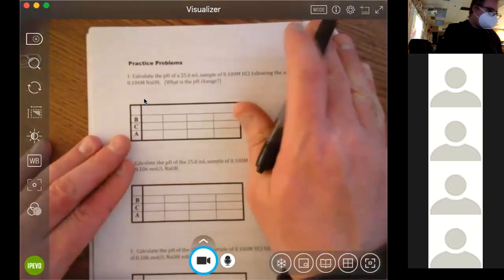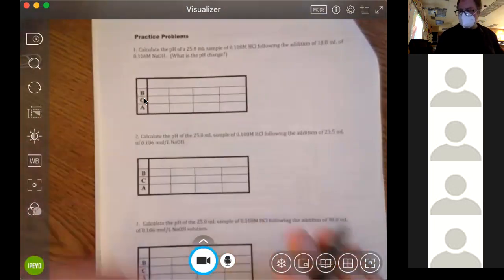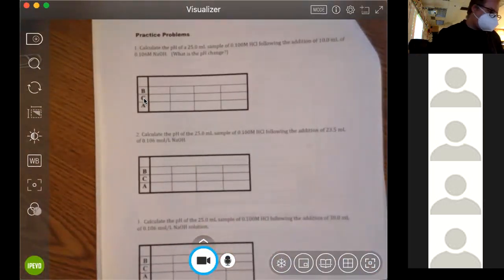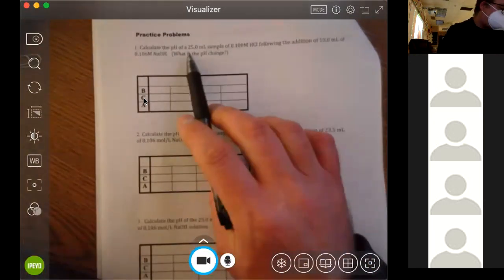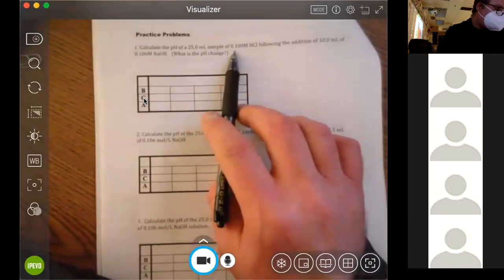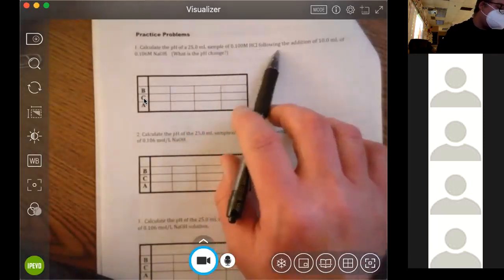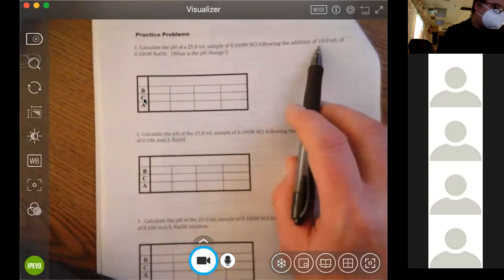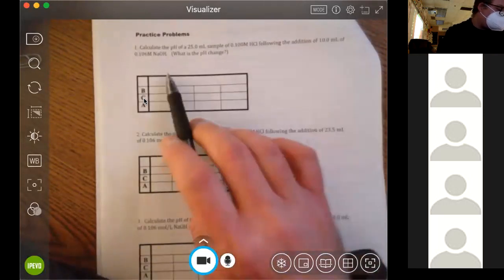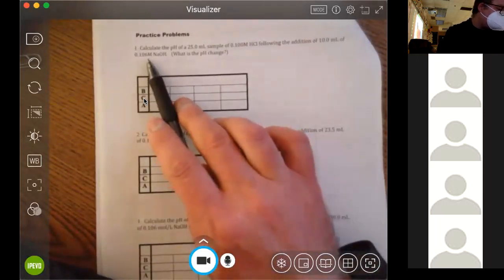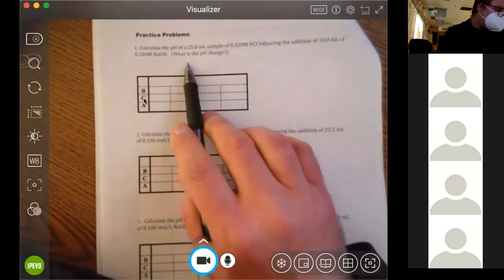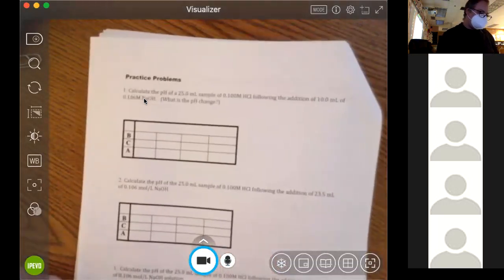Strong acid base reaction. So if we take a look here, it says calculate the pH of a 25 milliliter sample of 0.100 molar HCl following the addition of 10 milliliters of 0.106 molar NaOH. What is the pH change?